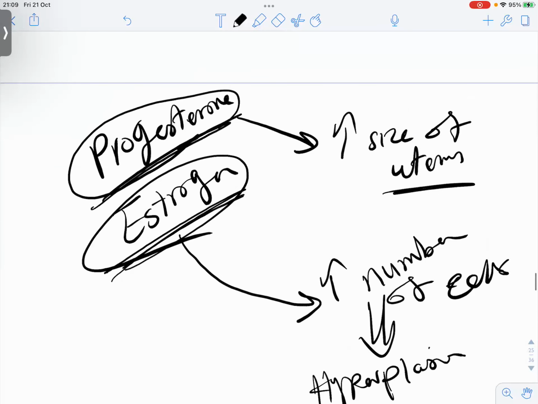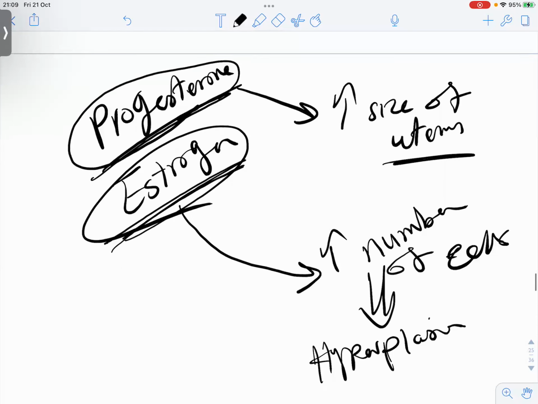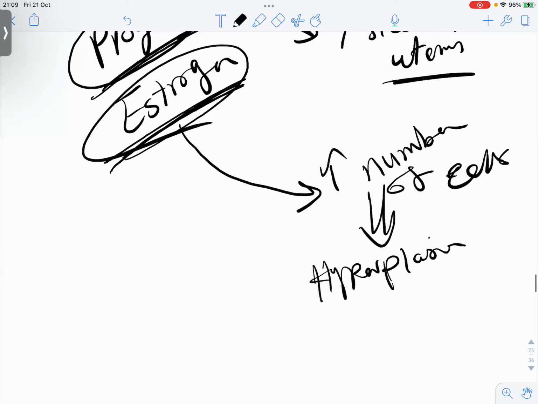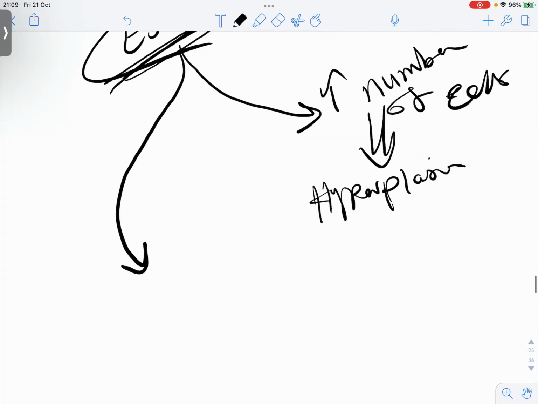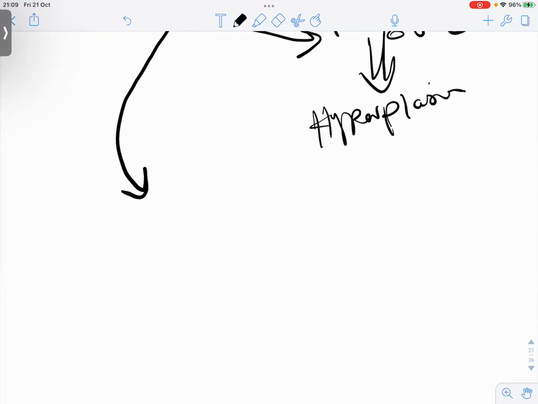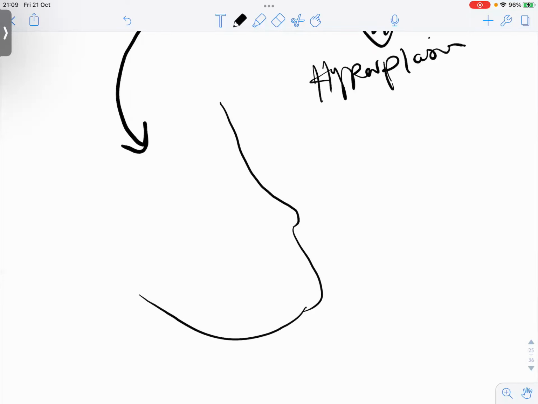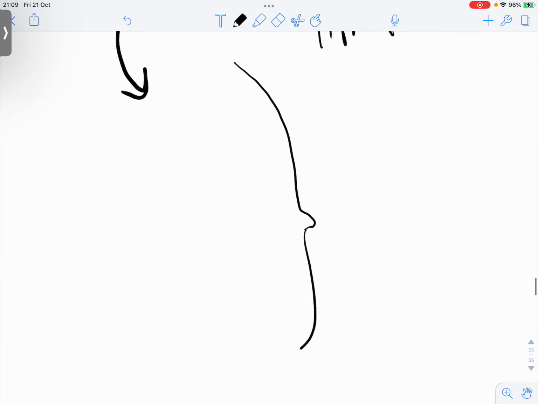So progesterone can cause hypertrophy of the uterus, but estrogen can cause hyperplasia of the uterus. And also estrogen can increase the number of the ducts.